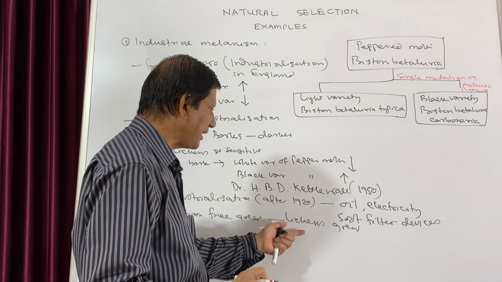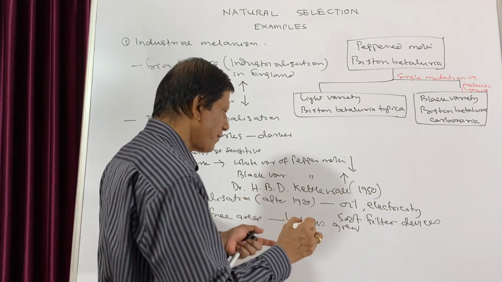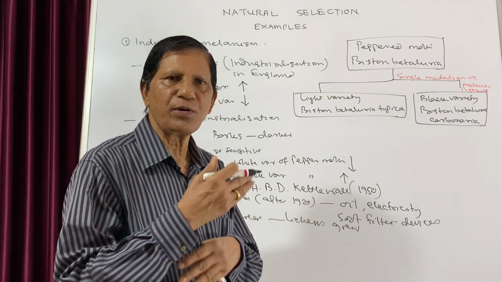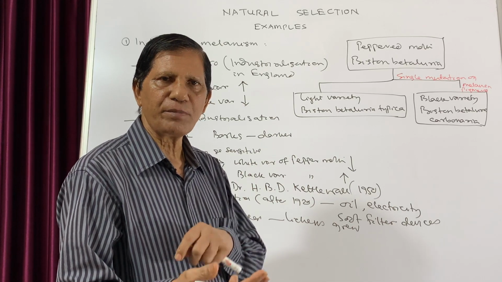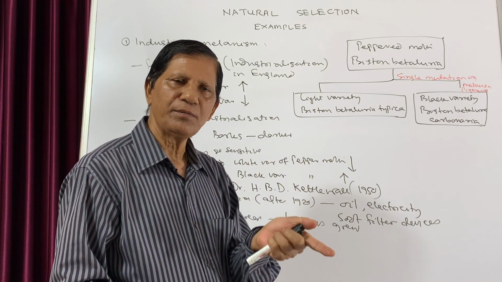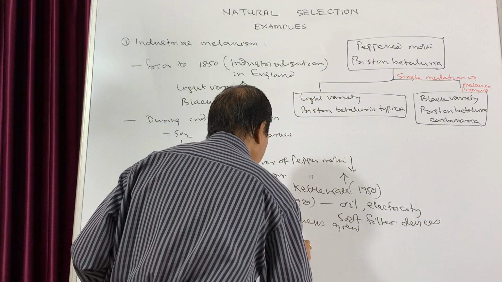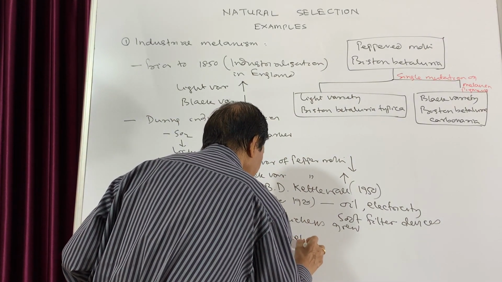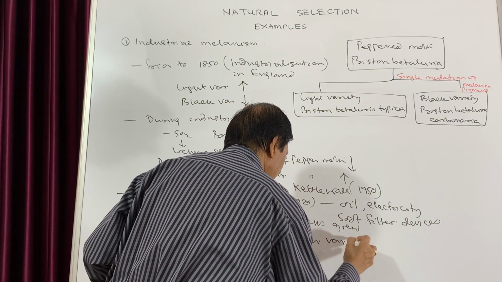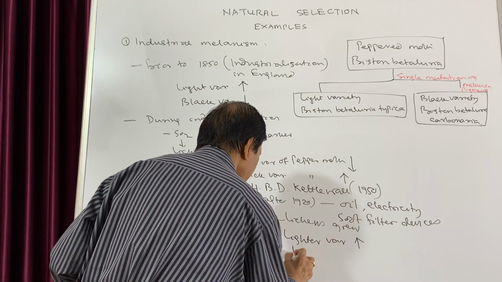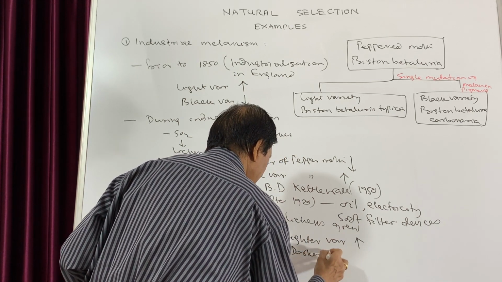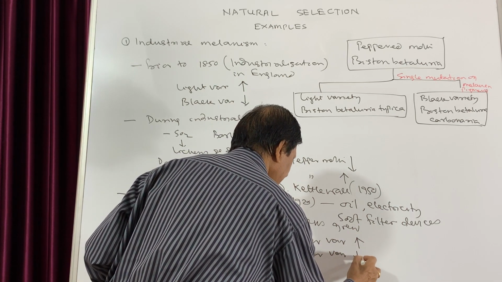Now it favored the white variety but didn't favor the black variety. So now the lighter variety increased and the darker variety again decreased.